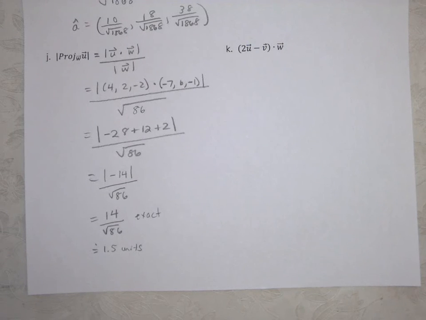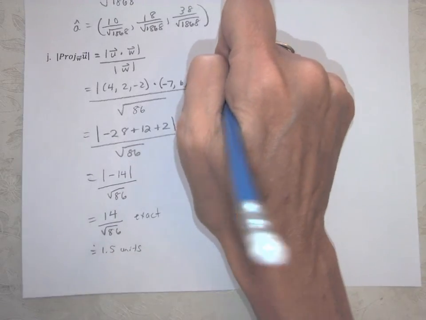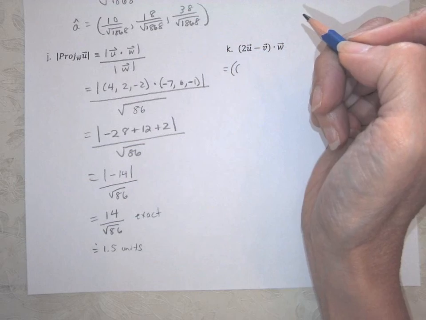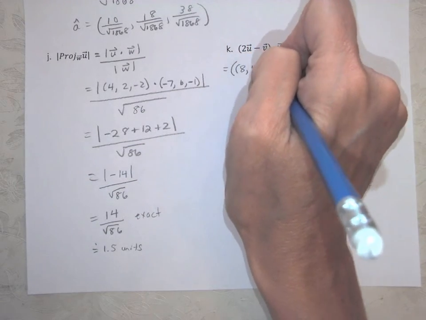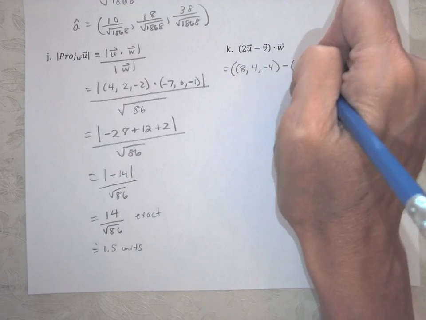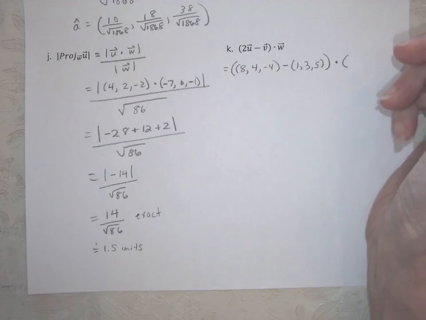And then we have vector 2u minus v dotted with vector w. So vector 2u, I'm multiplying the components of vector u by 2, so that's going to give me 8, 4, negative 4, subtracting vector v. And I'm dotting that with vector w.